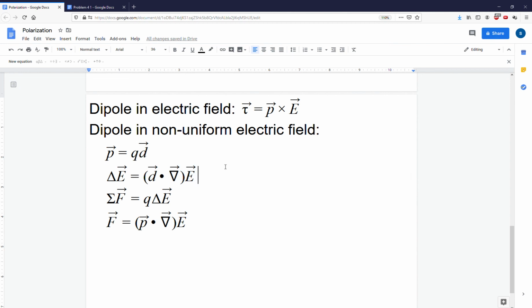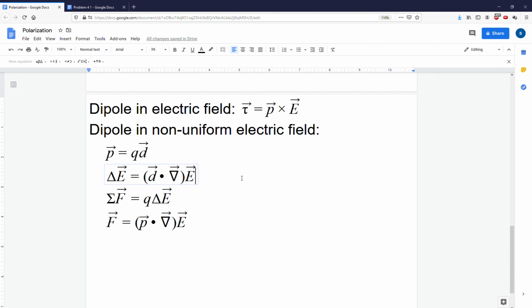Now, please note, this is not a divergence or a gradient or any of the other del products we've seen before. Specifically, we need to do this multiplication first, following the order of operations. So this quantity right here is dx times the derivative d/dx plus dy times d/dy plus dz times d/dz.